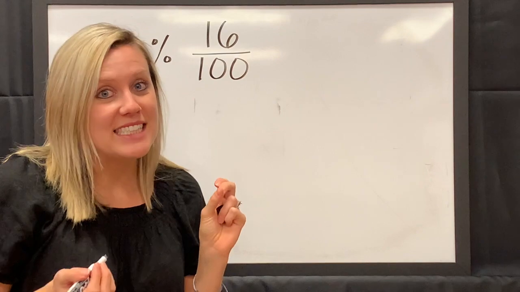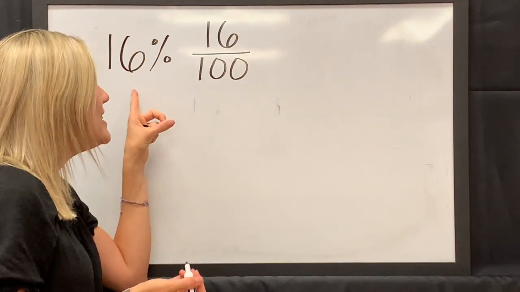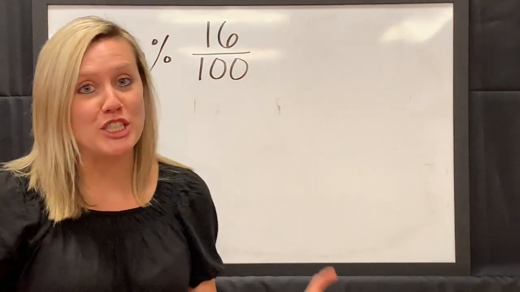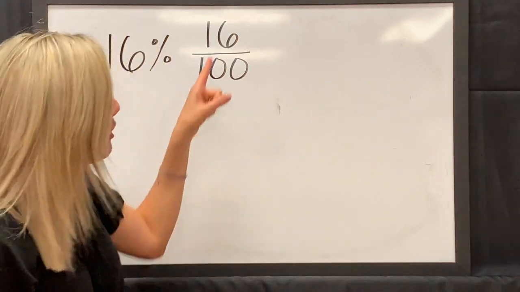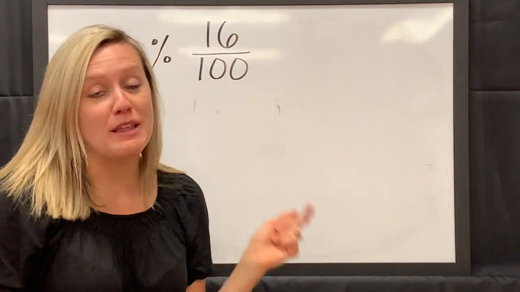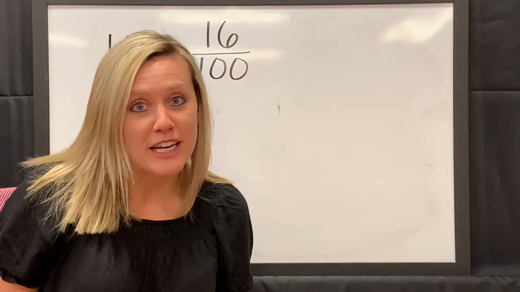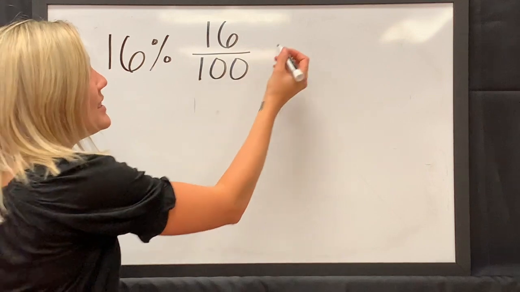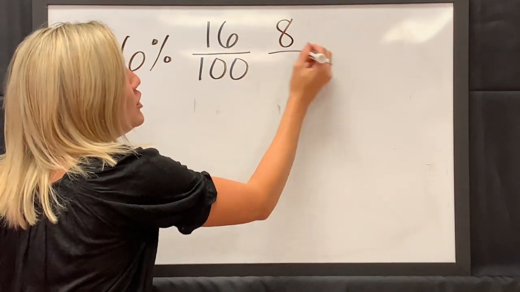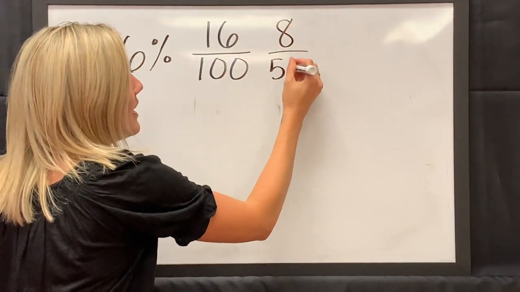So the last step of turning a percent into a fraction is we just have to reduce our fraction. So I can tell just by looking at this fraction that both of those numbers are even, which means 2 goes into both numbers. 2 goes into 16 8 times. 2 goes into 100 50 times.